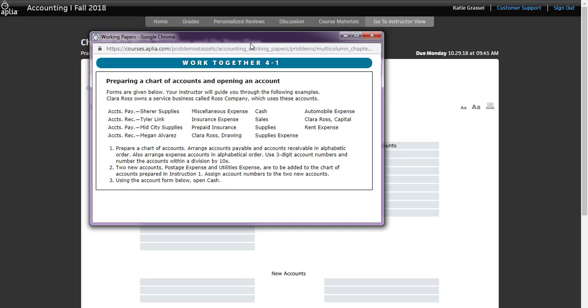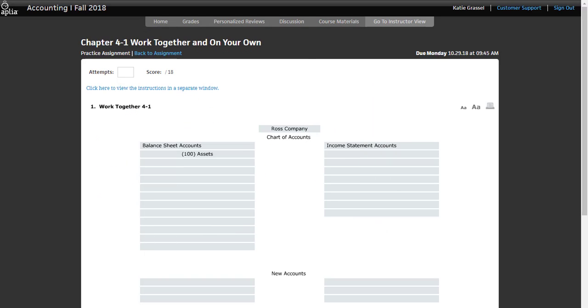So I'm not going to start at 100, but I can start at 110. That way, if something happens, I have room to put something possibly before it. Maybe they have to add an additional type of cash account, and then they could use that number between 100 and 110 to put it in there. So I'm going to go ahead and start with 110, and then I'm going to put in my account cash.